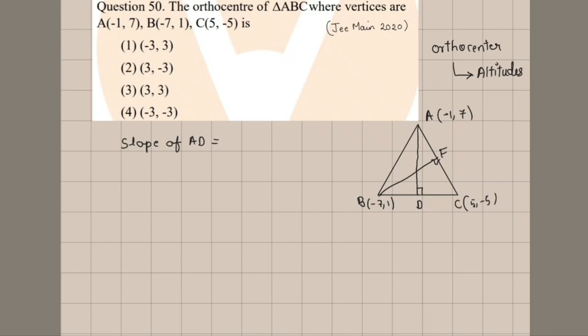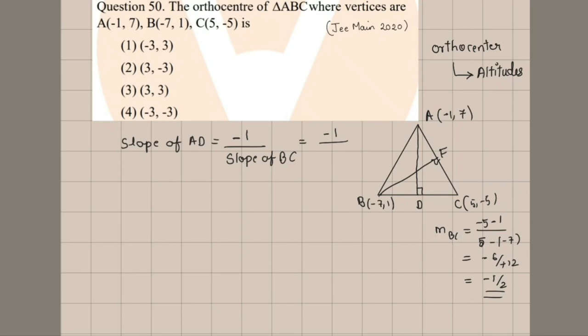Slope of AD equals minus 1 over slope of BC. What is the slope of BC? Slope of BC is nothing but (y2 minus y1) by (x2 minus x1), because we know these 2 points. So y2 is minus 5 minus 1, by 5 minus of minus 7, which is minus 6 by plus 12, which is minus 1 by 2.